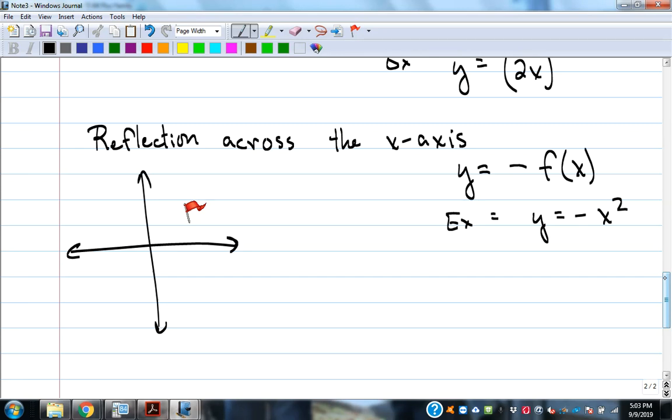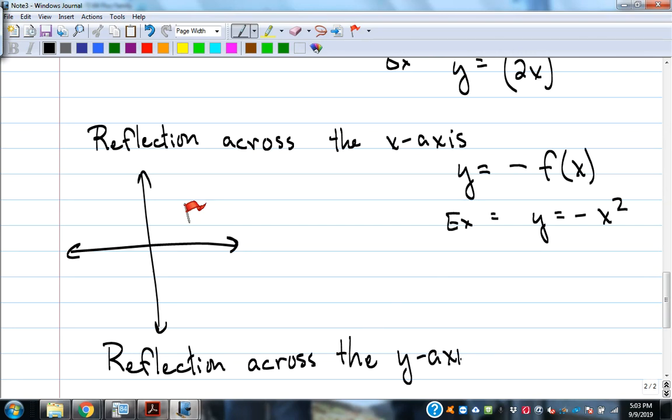That's right. So the equation for a reflection across the y-axis, you're going to have y equals, and then you're going to put the negative on the inside.